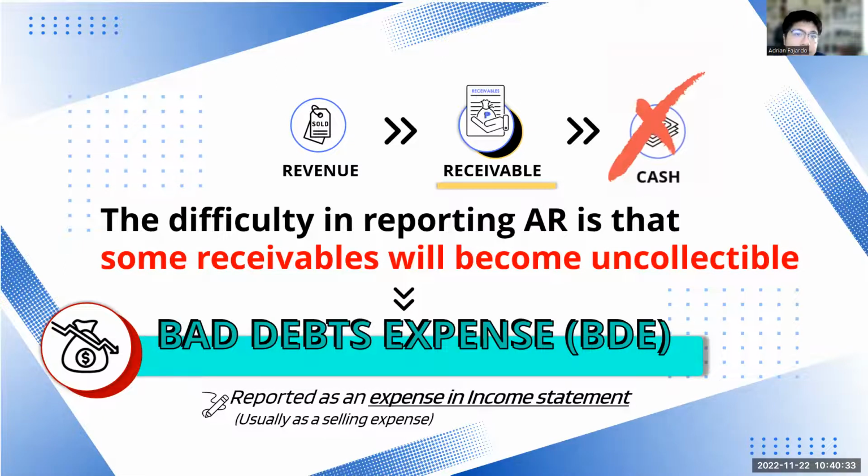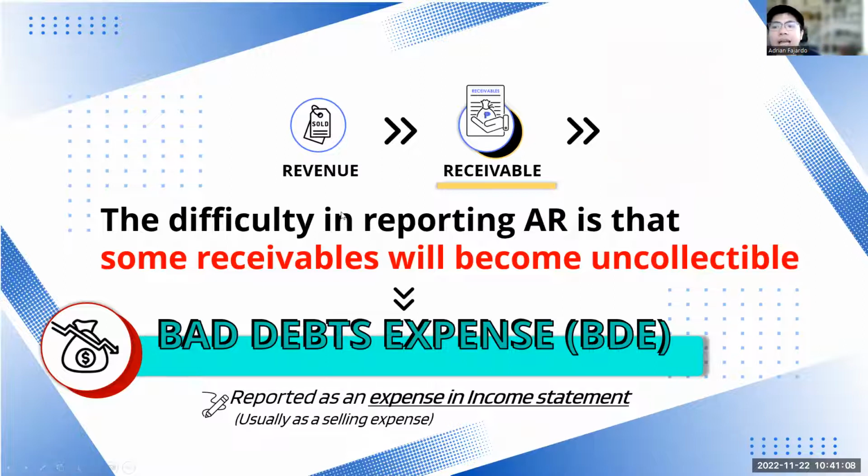There will be some customers, some companies, that will not pay their receivables to your company. Therefore, when those things happen, we need to account for those receivables that will become uncollectible, and we need to account for it under bad debts expense. The bad debt expense is usually reported as an expense in the income statement, and it is normally categorized as a selling expense.